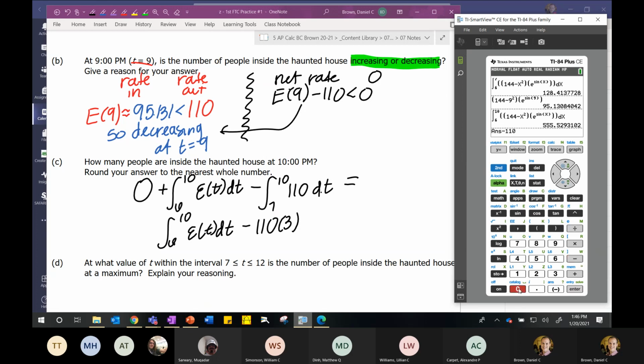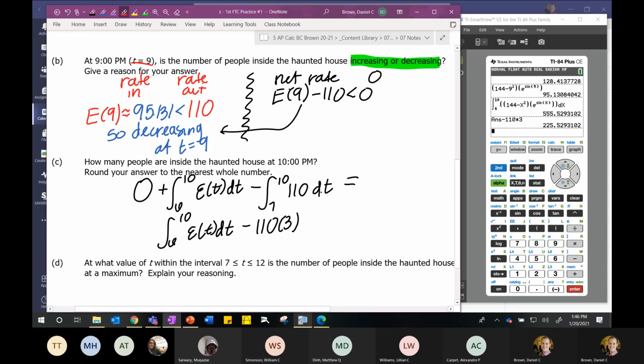They start leaving at 7, and we're going up to 10, so that's going to be for 3 hours. And again, I could have done that as an integral as well. But we do see how many people total? 225.529. And I am going to round that to the nearest whole number. There are 226 people in the haunted house at 10 p.m.